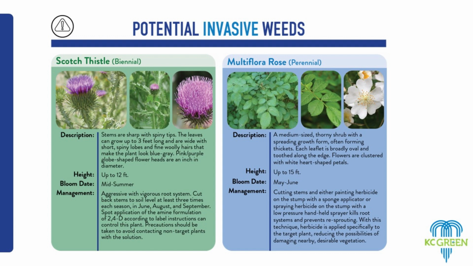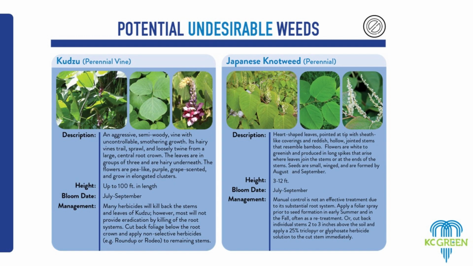Go to the next one, actually. Japanese knotweed is one on the right that we've seen in some of the basins. It's also a perennial, and it has a rhizomatic root system. So if you pull the weed or cut it back, it's just going to resprout and create more vegetative growth.